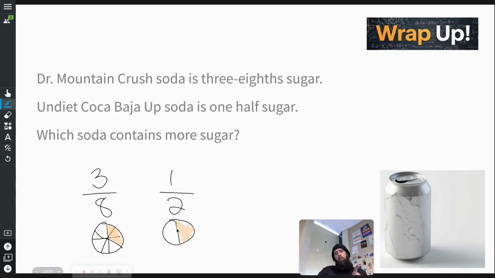And when I look at that, this has more orange shaded than that one does. So 3/8 is less than 1/2. So which one contains more sugar? The 1/2 does, because 3/8 is less than that.